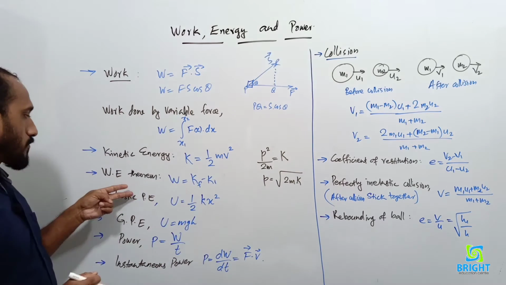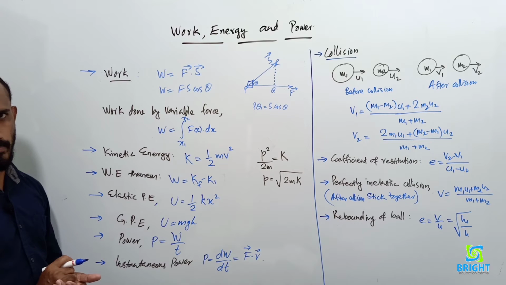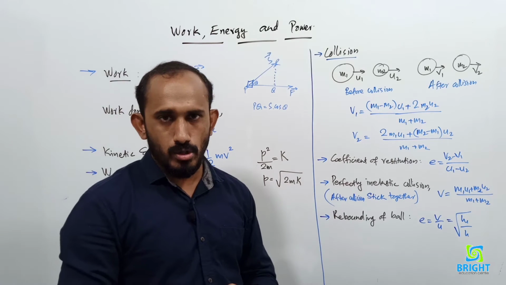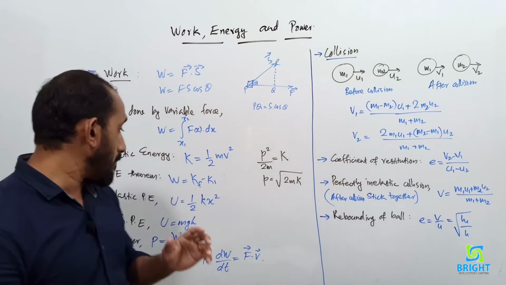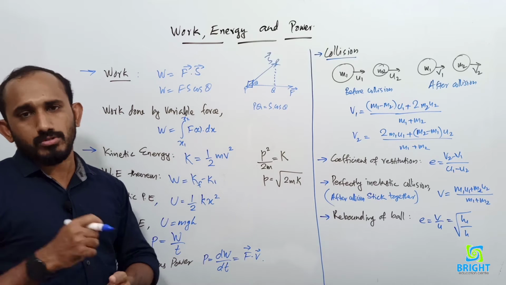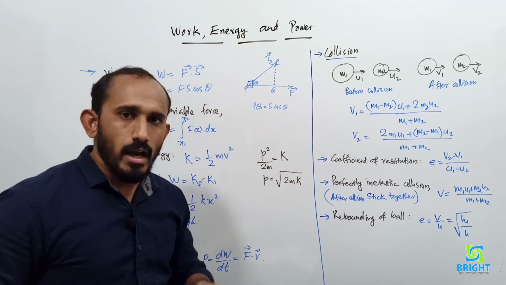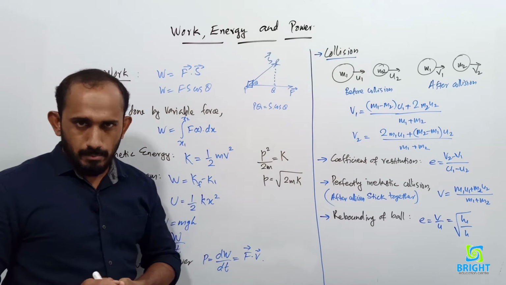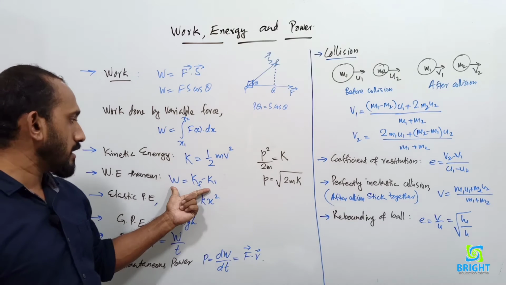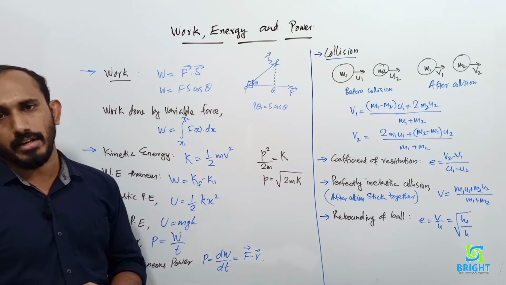Now, another 2 types of energy, the elastic potential energy and gravitational potential energy. Before that, regarding kinetic energy I told you, the change in kinetic energy will be equal to the work done on the body by an external force. So if a body is applying a force on another body and the second body moves, then the work done will be equal to the change in kinetic energy, final kinetic energy minus initial kinetic energy.